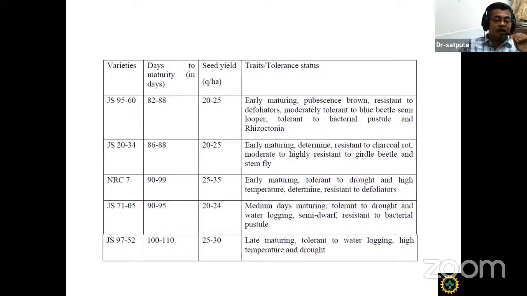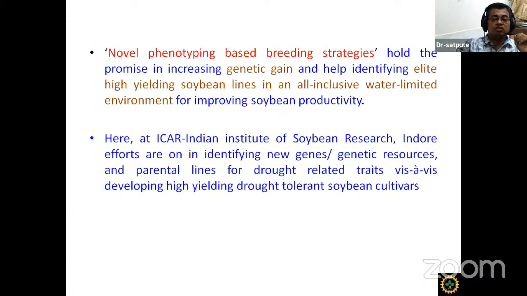Similarly, there are other varieties which were evaluated. They were found drought tolerant and have other important agronomic and plant protection traits, like JS9560, JS2034, NRP7, likewise JS9752. These are the genotypes.